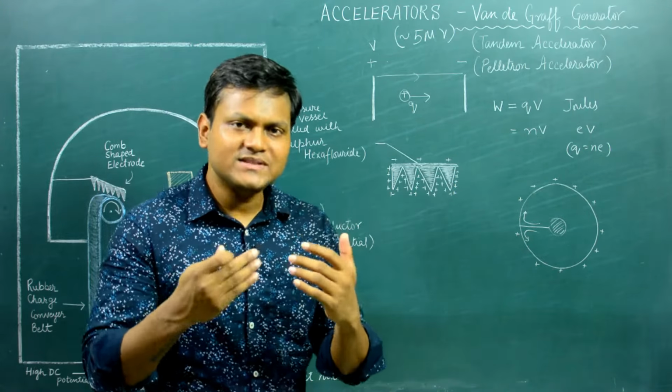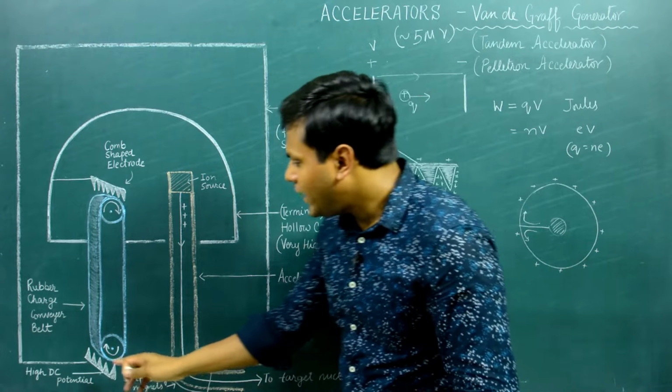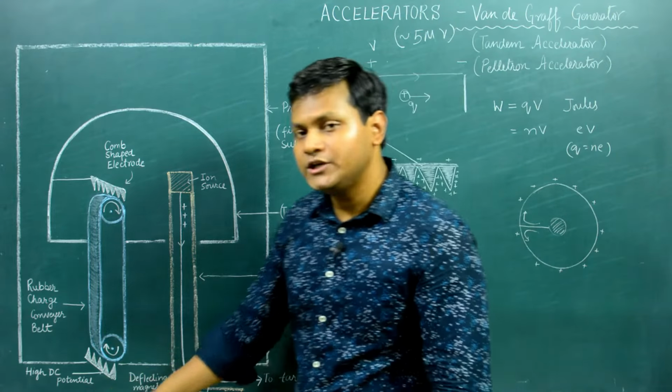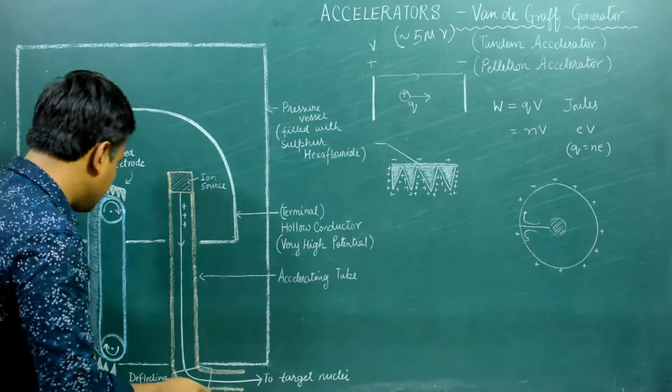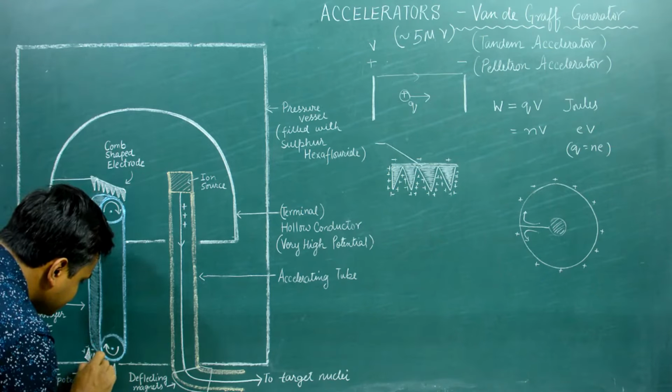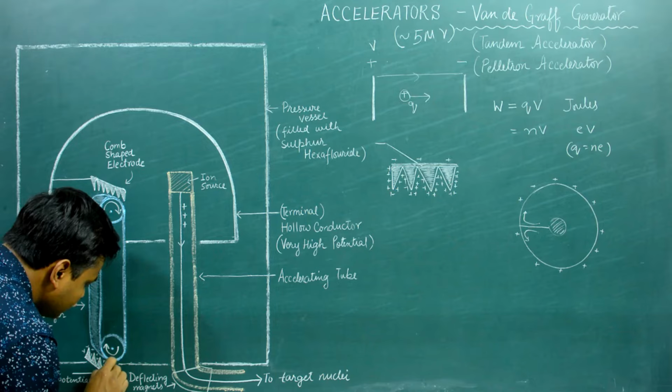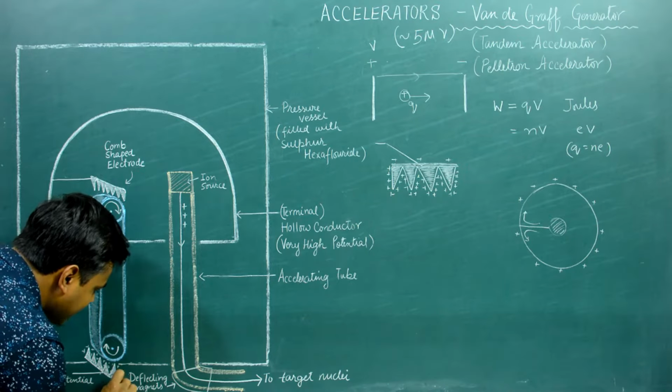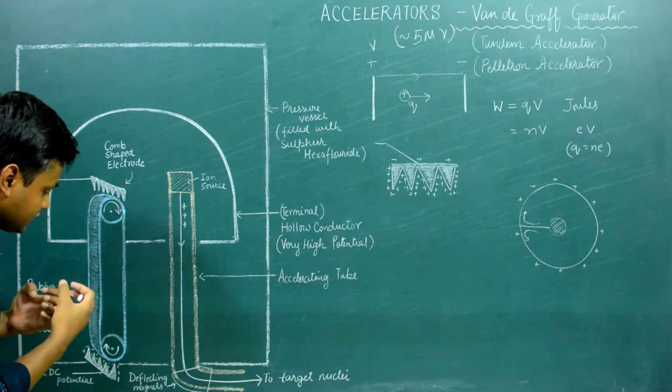What happens in our case is that when we have this comb-shaped structure connected to a high DC voltage, then of course positive charges get accumulated in this comb-shaped electrode, right? There is a huge amount of positive charge that gets accumulated in the comb-shaped spikes.